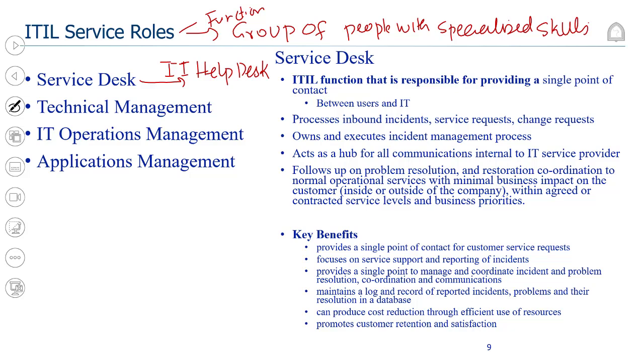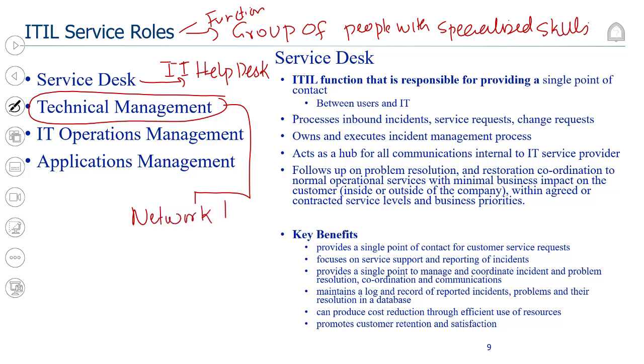And then you've got the technical management. Now you will not find this as one technical management team. We always have different teams here. In most organizations, you'll find, for example, a network team. Nobody implements just a single technical management team.